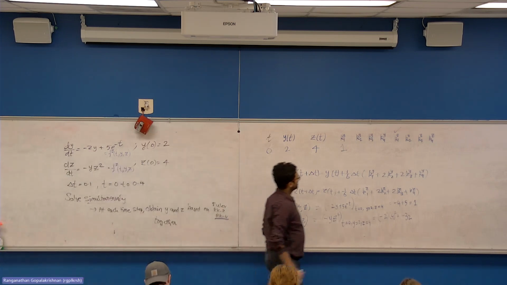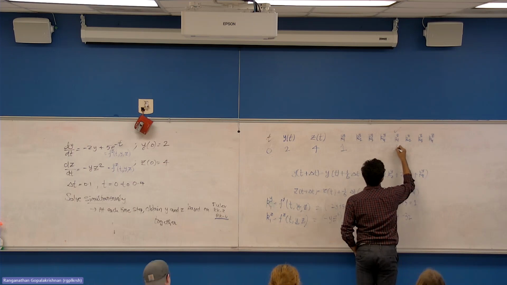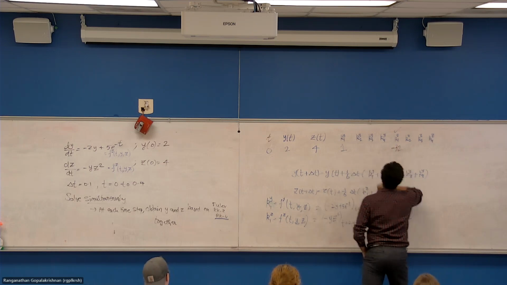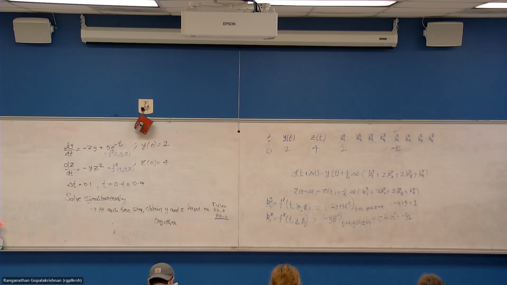So K1Z is minus 32. Are we together? Yes. Neil?